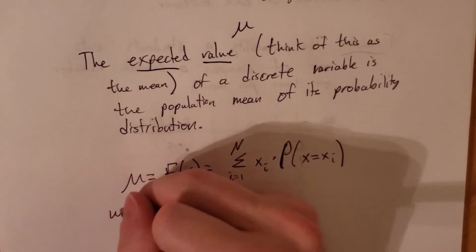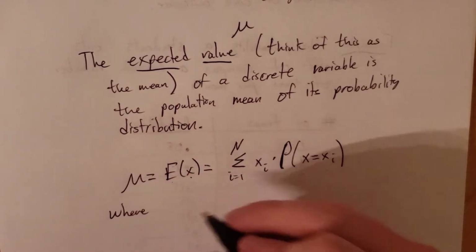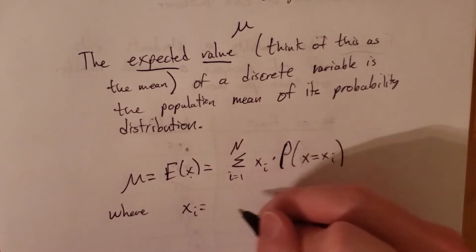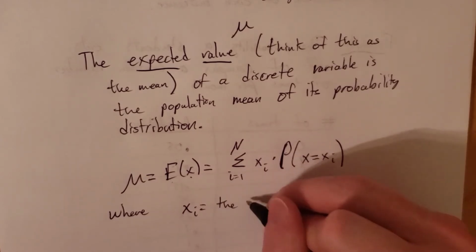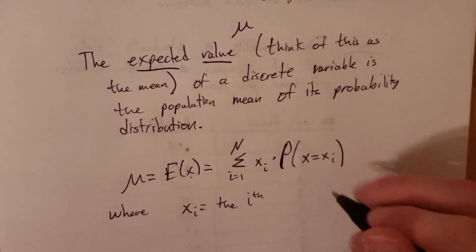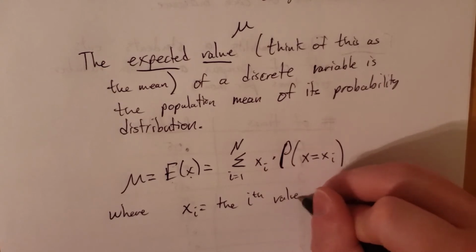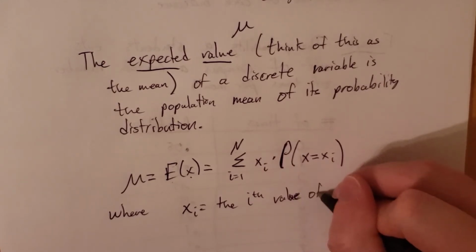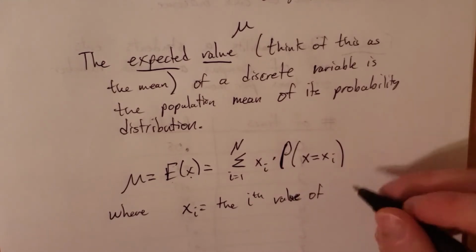And let's write down what all of those mean, where x sub i is the ith value of the discrete variable.